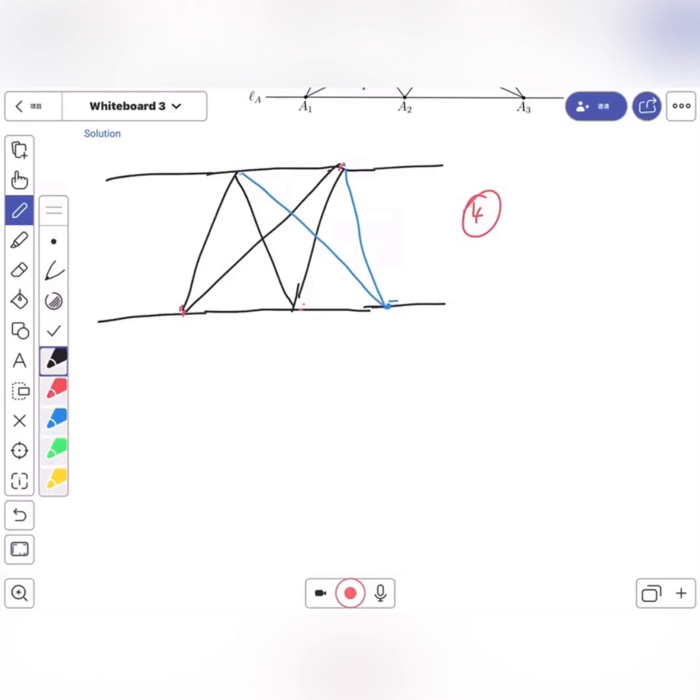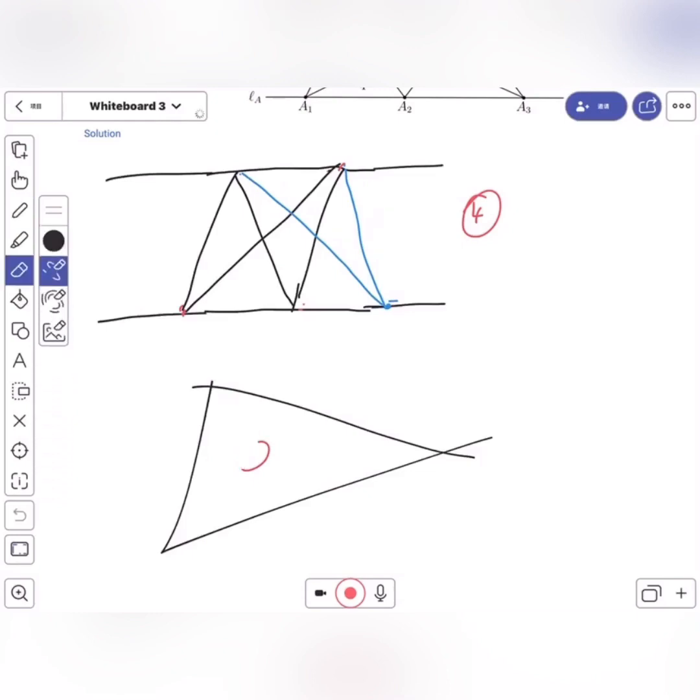Now let's say we have a region, something like this. Then this is 1 region. Now I claim that any line that enters this region and exits this region will create 1 more region. You can try any lines.